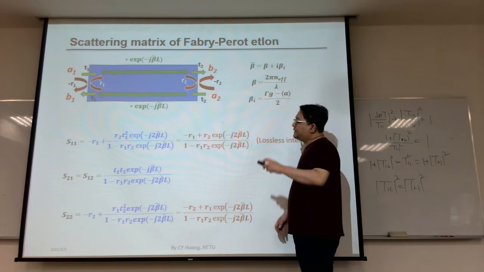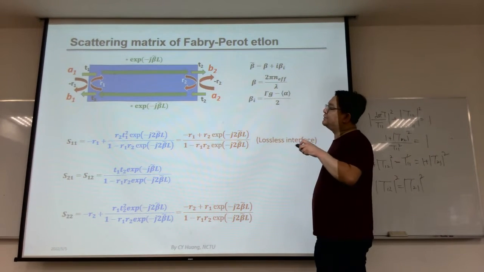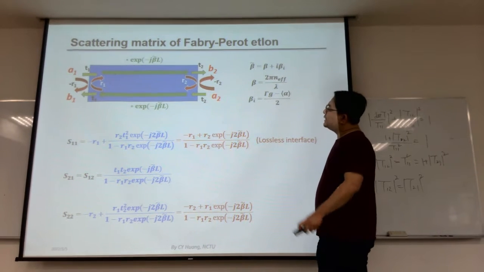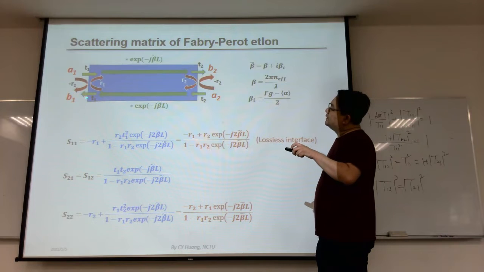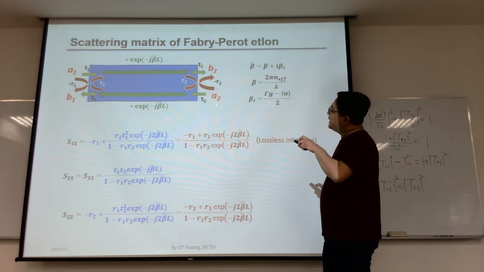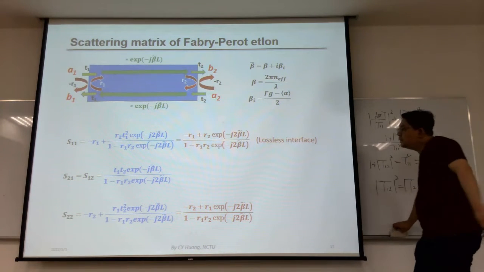So if we look from the point of view of the scattering system, what is S11? S11 is B1 over A1 when A2 is 0.